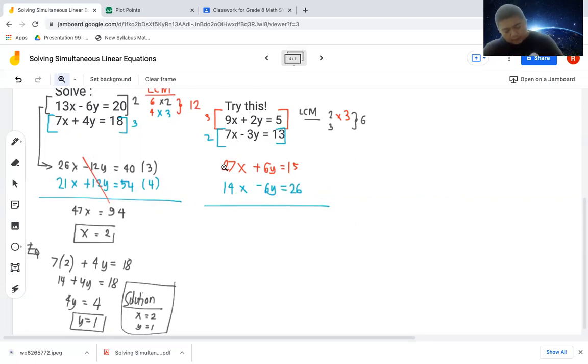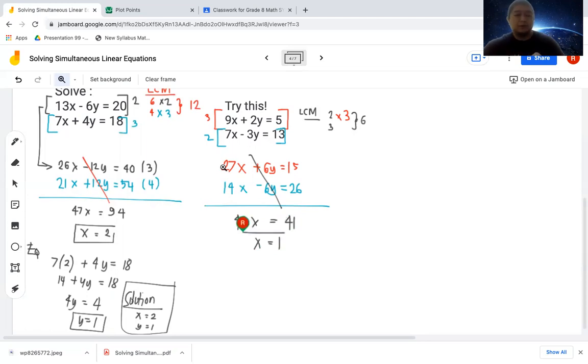Okay, so now we're going to be solving for this one, and we know that the y's can automatically be eliminated. So from here, you will now have 41x is equivalent to 41, and x now is equivalent to 1.